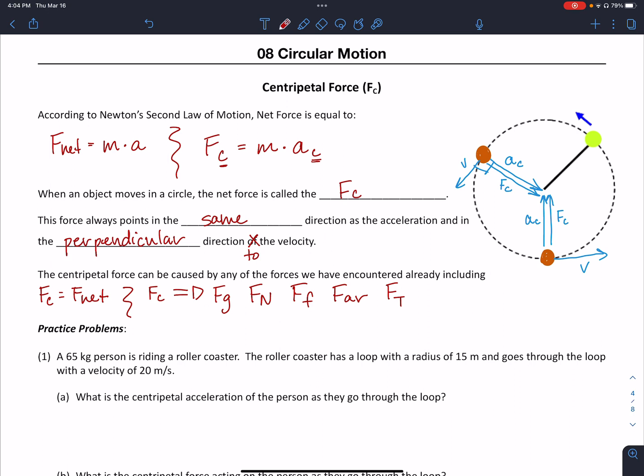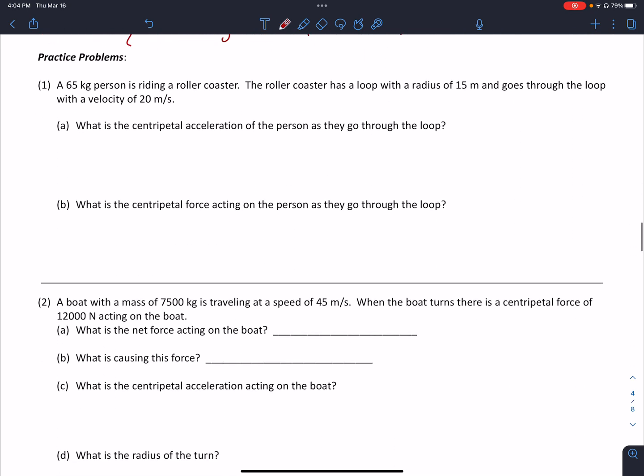So we're going to see in problems that we work later, when we want to identify that centripetal force, it's going to be one of these that we've already talked about. So I just don't want you to think centripetal force is a brand new force. No, it's just a general name for one of the forces we already know that's pointing to the center of a circle.